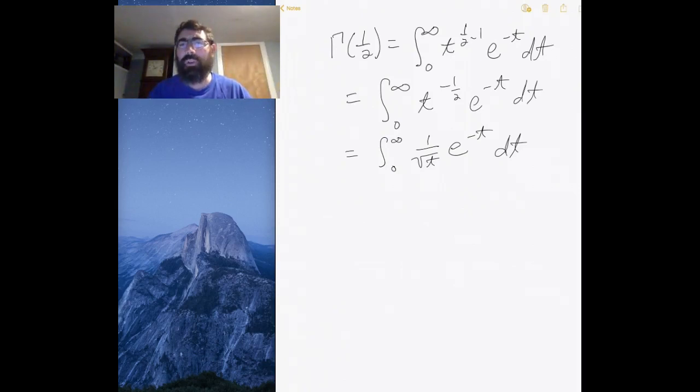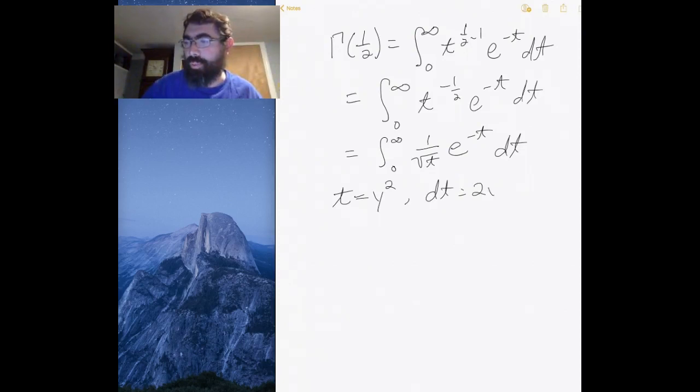Okay, so now the question is, how are we going to solve this integral? Well, let's do a substitution. Let t equal y squared. So dt is equal to 2y dy.